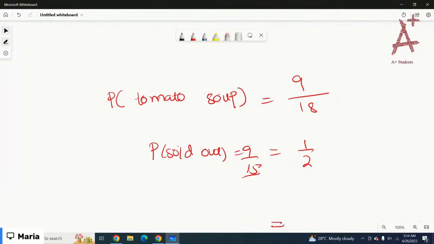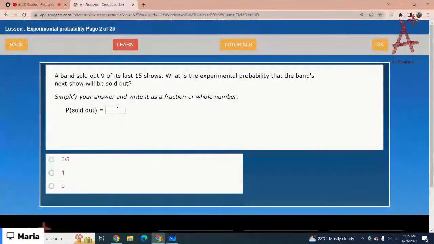So you can divide them by 3. 3 times 3 is 9 and 3 times 5 is 15. So the probability is 3 over 5. Got it? It will be 3 over 5.